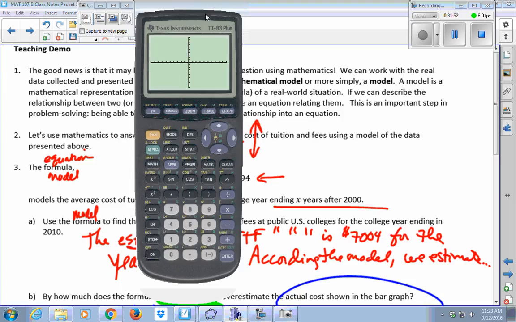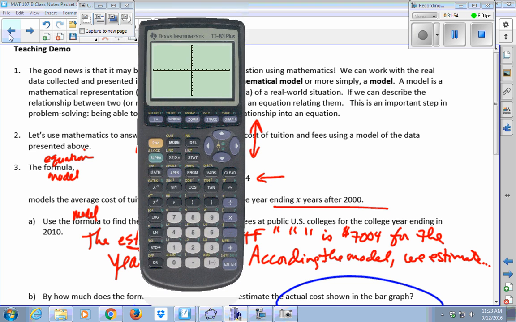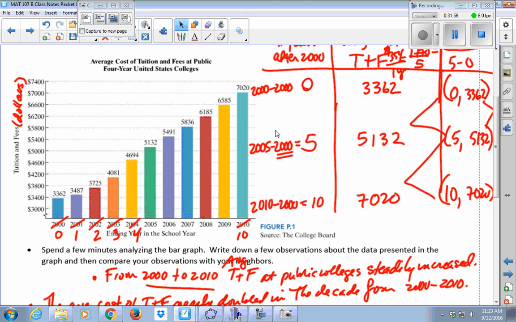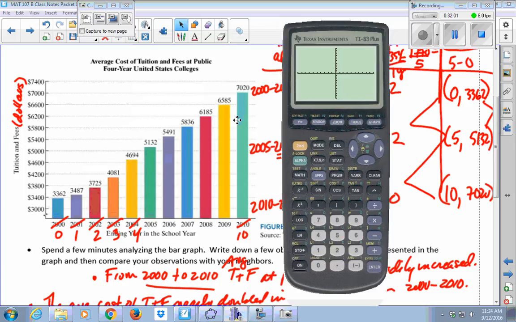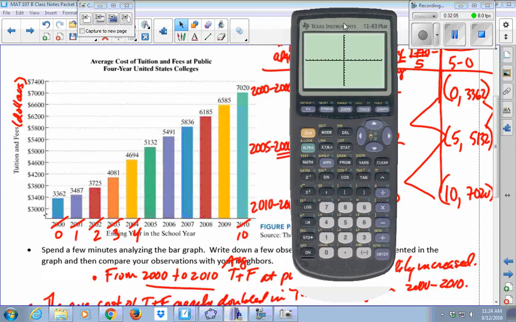All right, so let's look at this picture here. And I want to change my window so I can see this as a graph, the 4x squared plus 341x plus 3194. So what am I going to change my window to? Let's go to the window. The first value for my x minimum is going to be what?